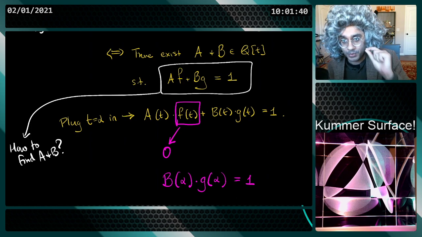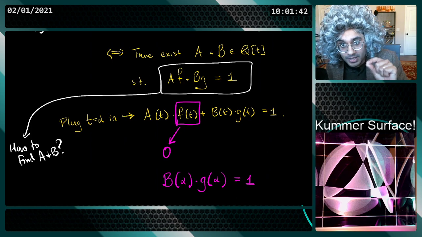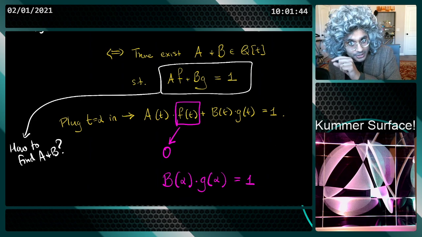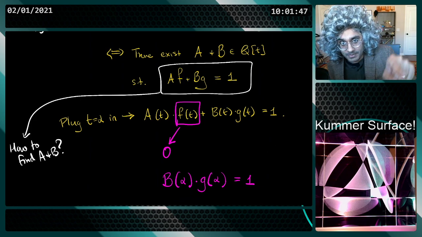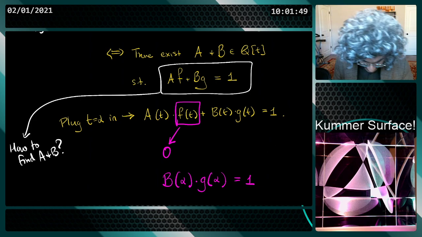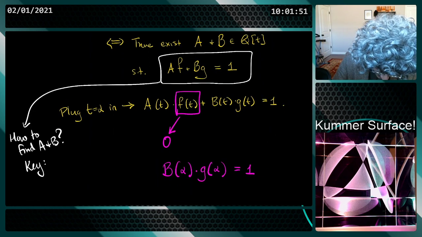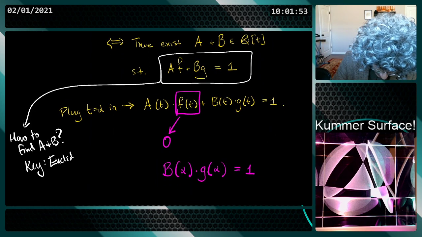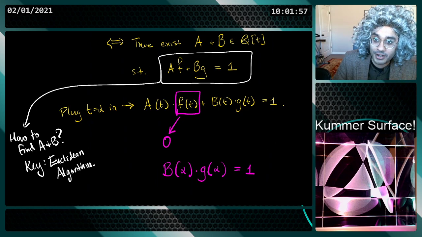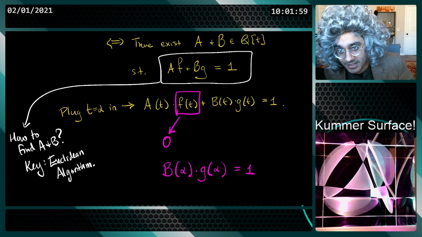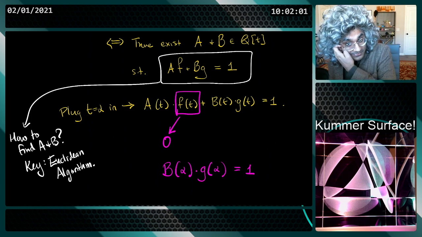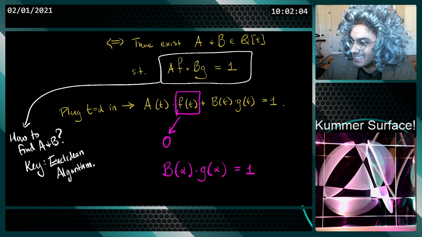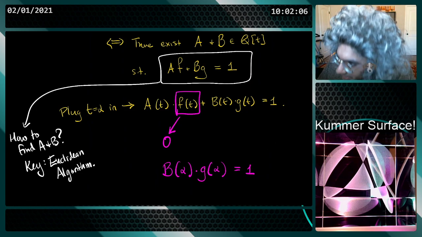Go read and appreciate the Euclidean algorithm, which tells you how to get down to an expression, capital A and a capital B. The key is Euclidean algorithm. And it'll show you how to do it algorithmically for every single example in principle.